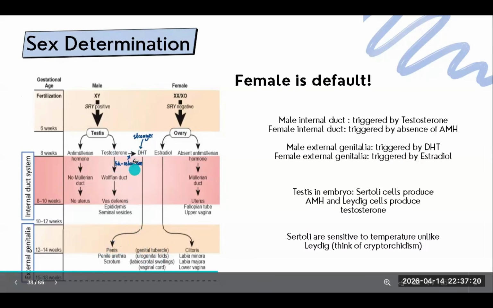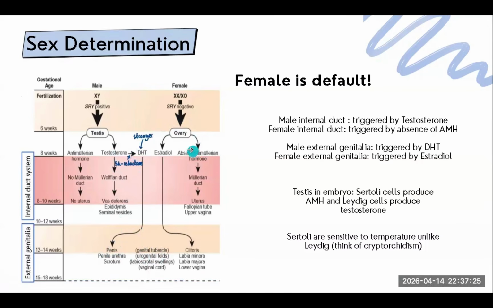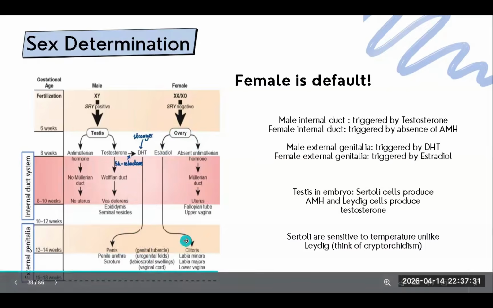In the event that we don't have DHT, which would be the female conditions, the ovary would produce estradiol, and the estradiol would lead to the formation of these structures, okay, the female external genitalia.